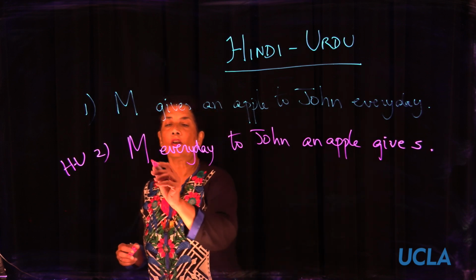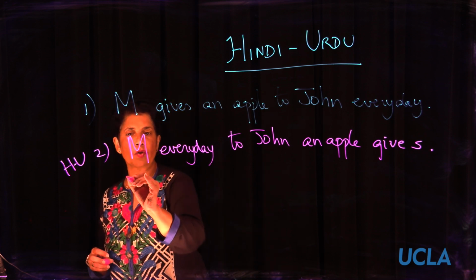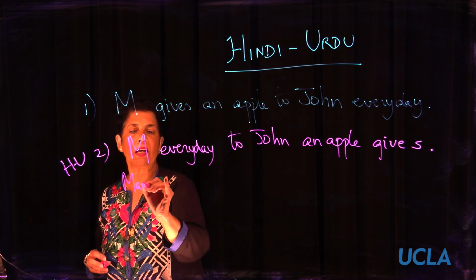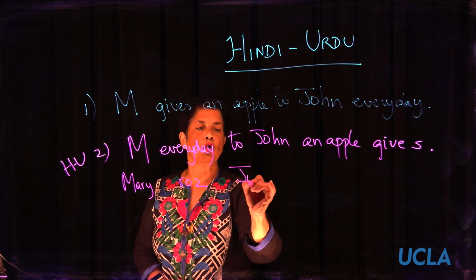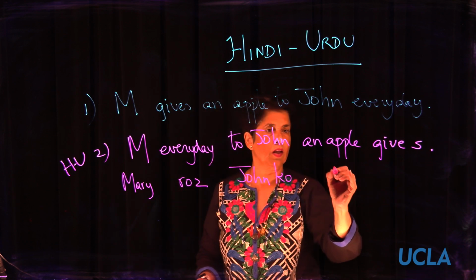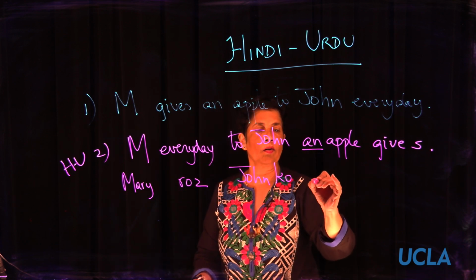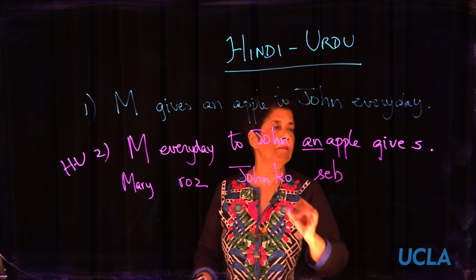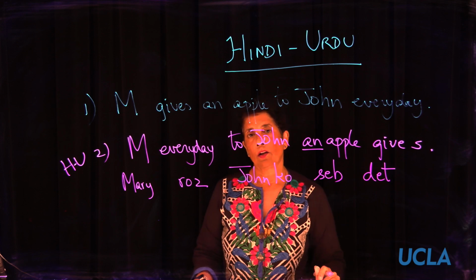Okay? So let me give you the Hindi-Urdu sentence, which would be Mary, Rose, okay, John को. Now, I really don't need the an, so the word for apple is seb. The verb to give is de.